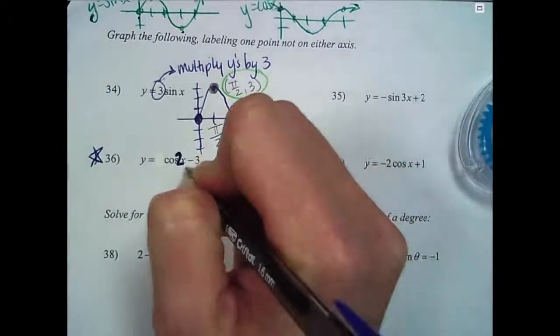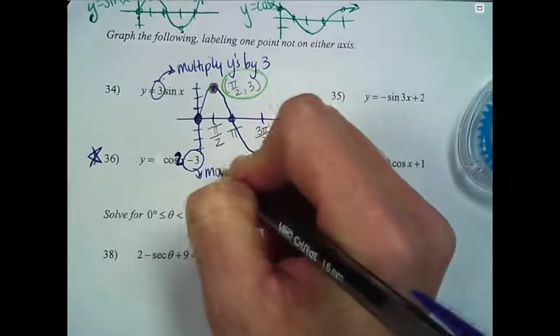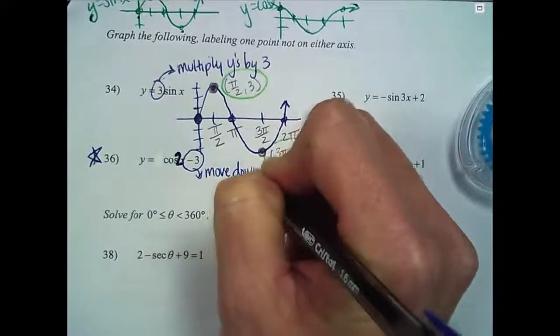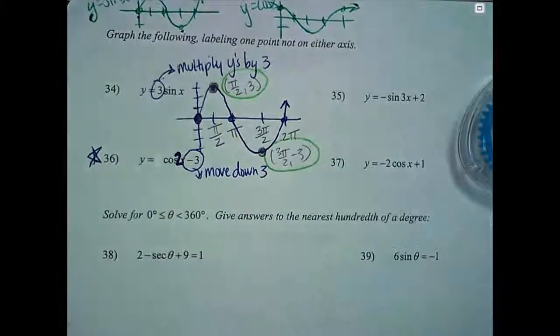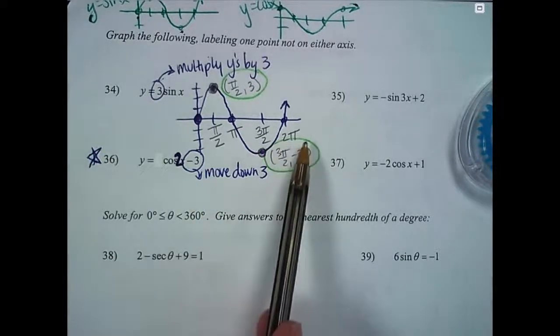So this negative 3 is actually going to do what to my graph? It's going to move what? Down 3. Right, move down 3. That part is the easy part. The hard part is when there's a number in front of x. Remember, when there's a number in front of x, you have to multiply all the x values. What are the x values on the unit circle? They're these pi over 2, pi, 3 pi over 2, and 2 pi. Okay?